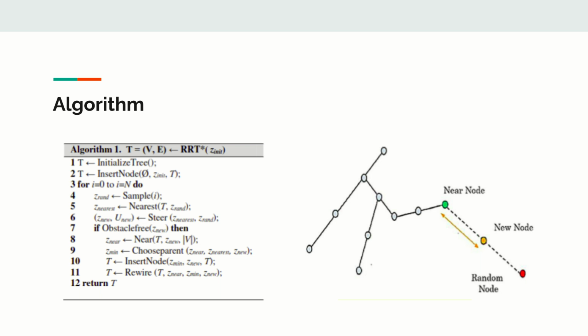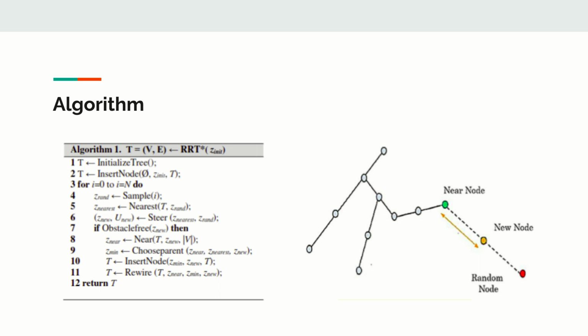If the sample is not in the obstacle, the tree is steered towards the sample. Once the steering towards the sample happens, we again check if it's in an obstacle or not. If not, then we add it to the tree. This is for RRT.